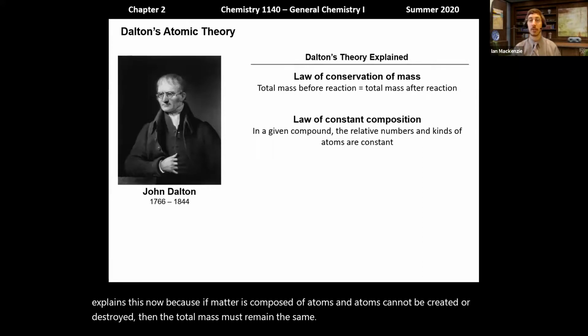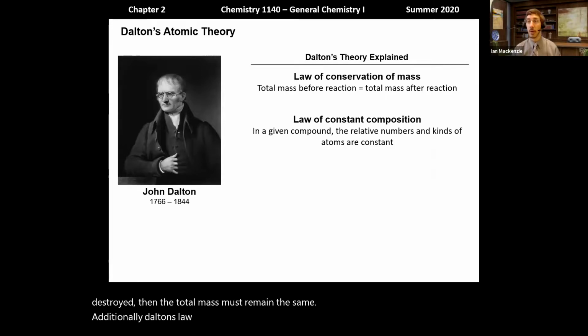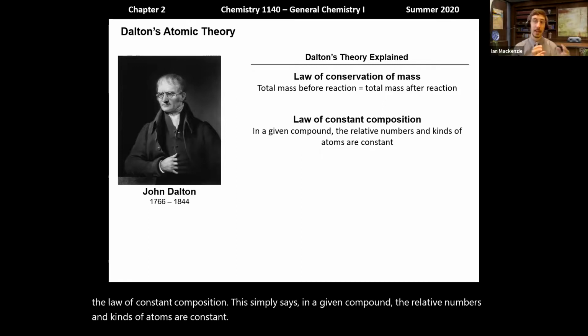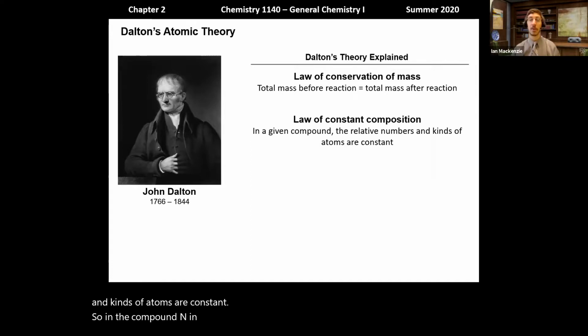Additionally, Dalton's theory explained another law which had been discovered previously, which is the law of constant composition. This simply says that in a given compound, the relative numbers and kinds of atoms are constant. So in that NO compound example, you always have one nitrogen and one oxygen atom.